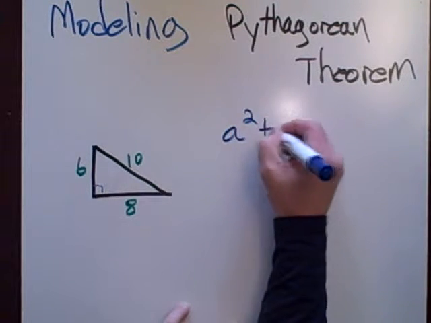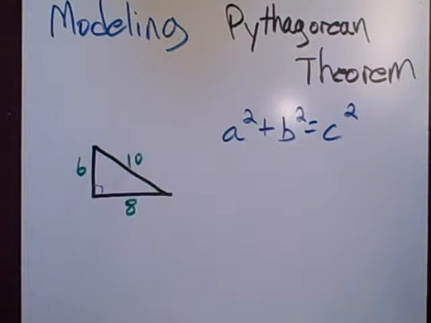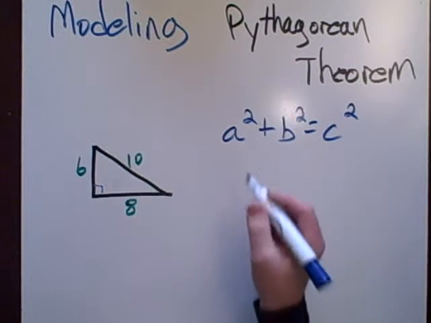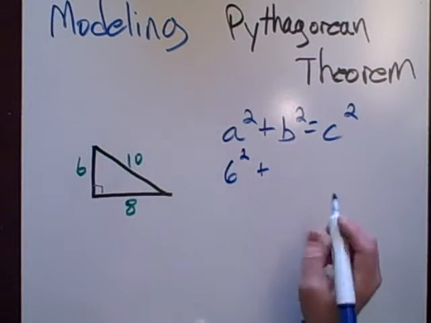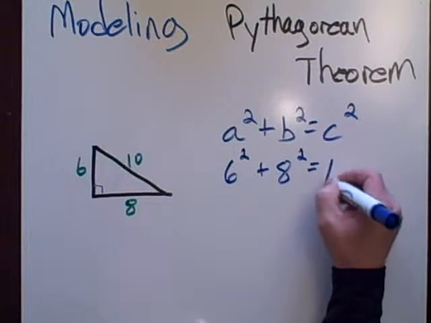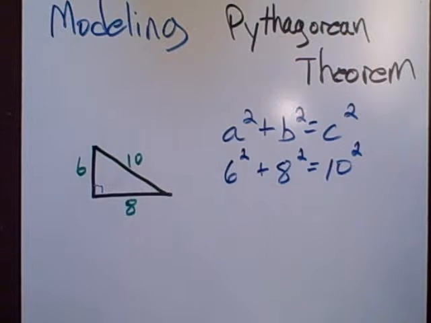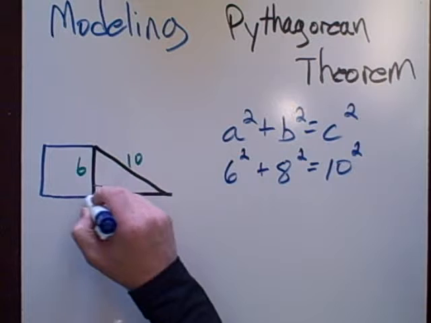Again, it says that a squared plus b squared is equal to c squared. So our first leg we could call 6, and we're going to square it, plus 8, and we're going to square it, equals 10 squared. Of course, by squared, I simply mean make it a square.